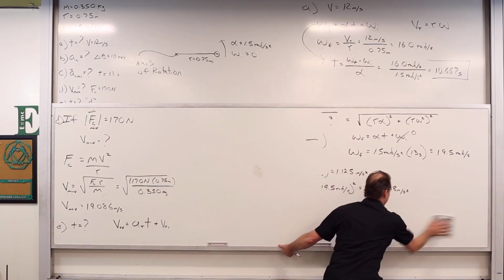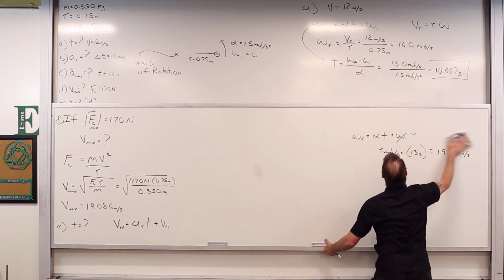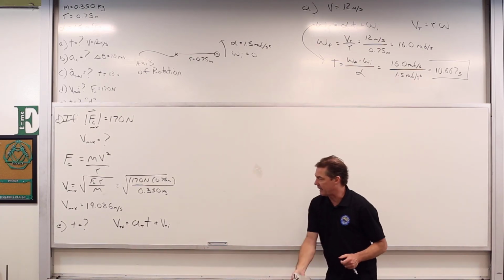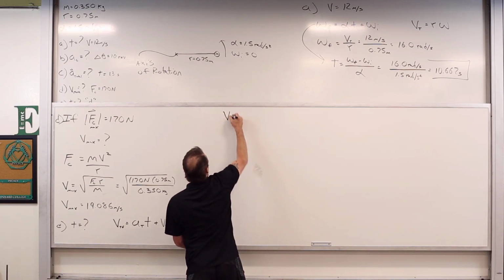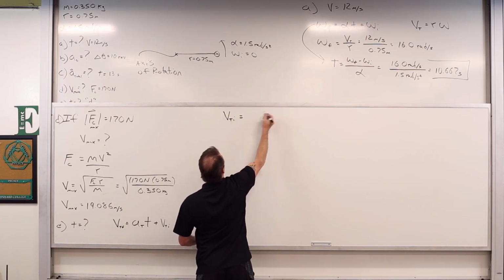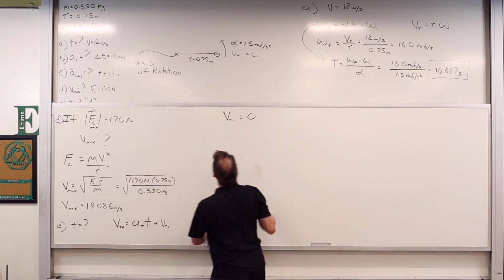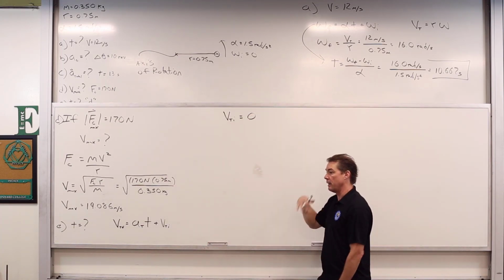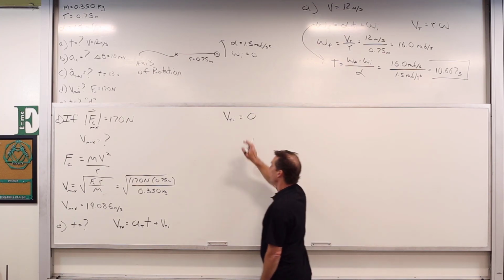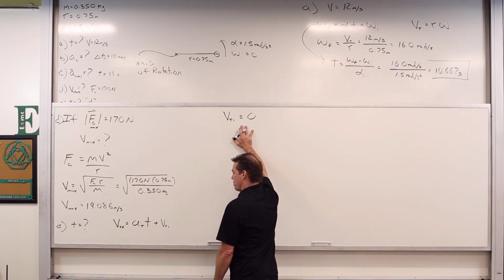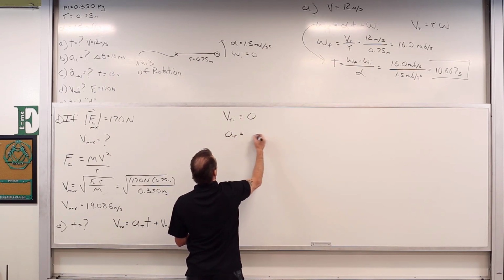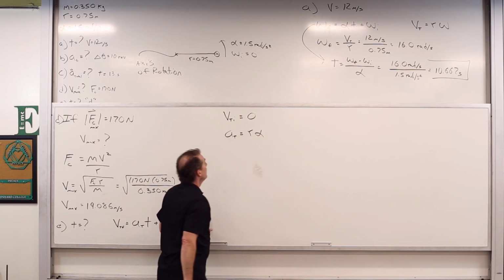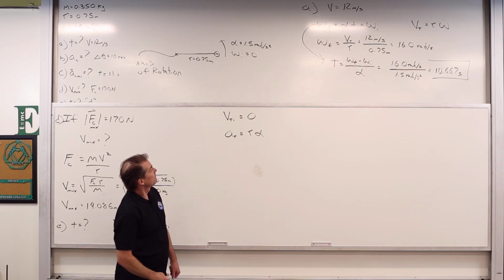So let's get rid of some of this stuff here. And what do we get out of this? Well, we need to know, number one, that V tangential initial is equal to 0. Objects initially at rest, the initial angular velocity is 0, thus the initial tangential velocity is 0. So we need to know what a sub t is. A sub t is equal to r times alpha, which we've already computed.